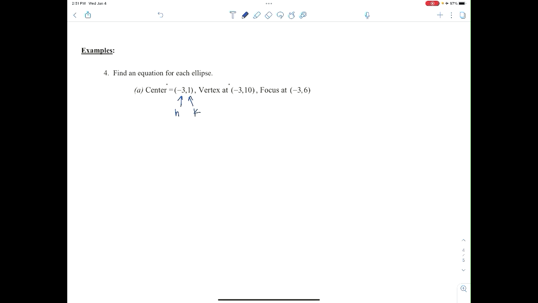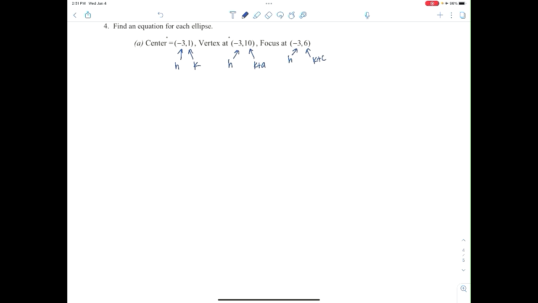Our vertex has h, and then we know that that 10 is k plus a. Our focus still gives us h, and we know that that 6 is k plus c. So we have a little bit to figure out, but we've been given a load of information that we can use.